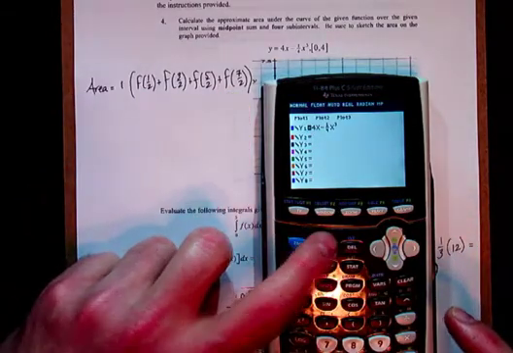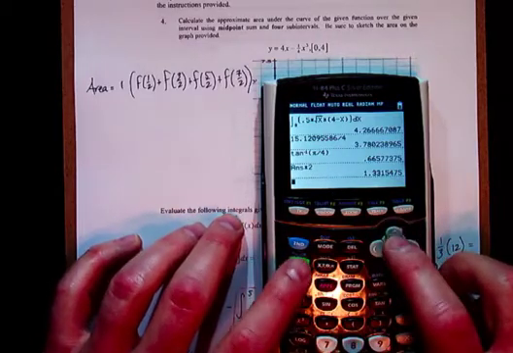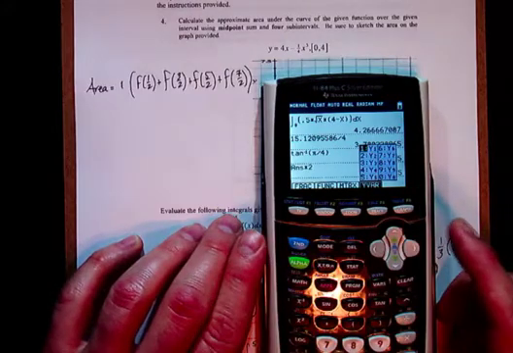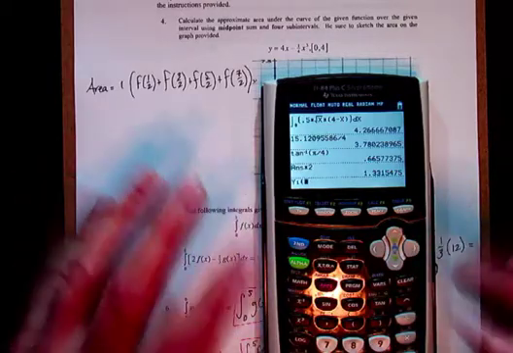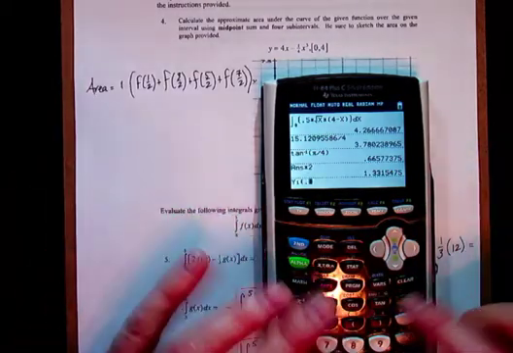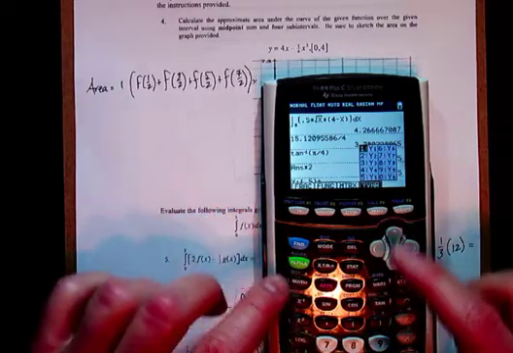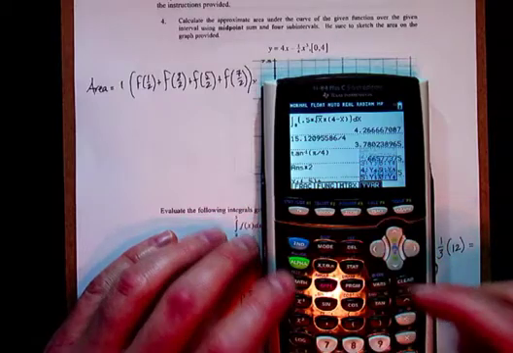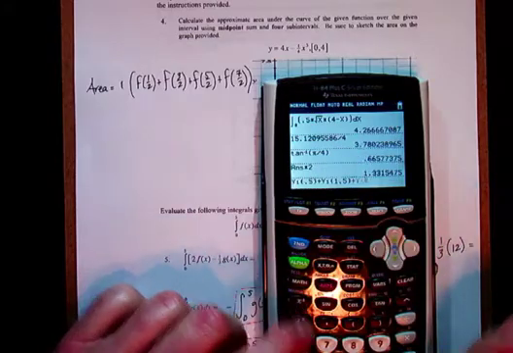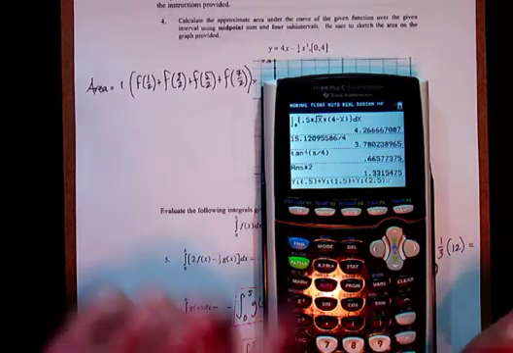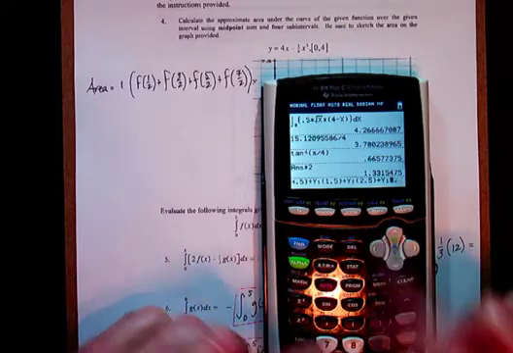So I can go back to the main screen. Remember that your y1 through y10 are here with the alpha f4. I'm going to take y1 and use it like function notation. And for the sake of not having to push the buttons too many times, I'm going to use the decimals. So it's y1 of 0.5, and then y1 of 1.5, and then y1 of 2.5, and then y1 of 3.5, I need parentheses there first, 3.5.